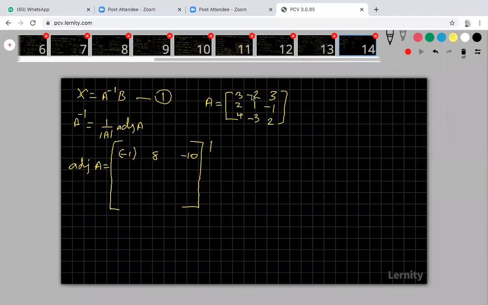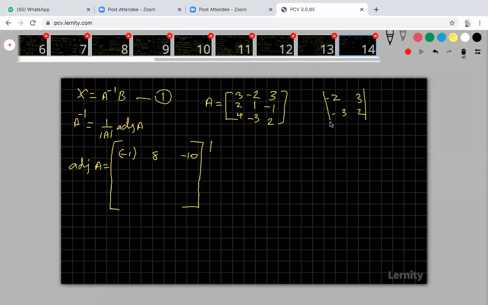Here this is minus 4, and this is plus 9. Minus 3 into 3 is minus 9, and we have already one more minus, so plus 9. Minus 4 plus 9. So this is minus 2, 3, minus 3, 2.